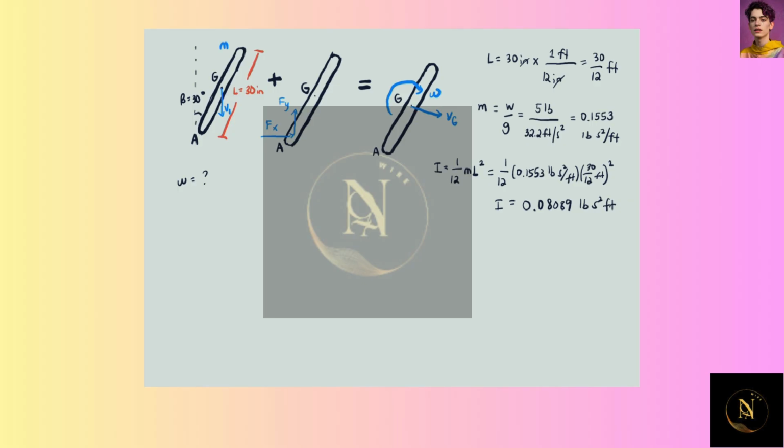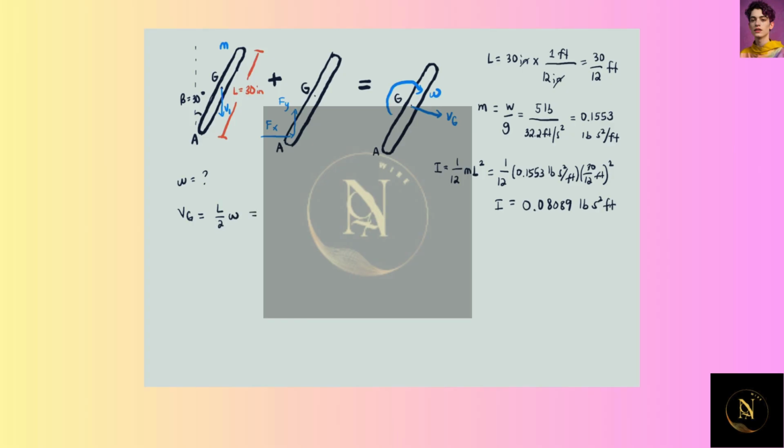Now we can write an equation for Vg. Since the rod rotated, we can express Vg in terms of r and omega. Since point G is at the center of the rod, it's at a distance of L over 2 away from point A. Hence, Vg is equal to L over 2 omega.